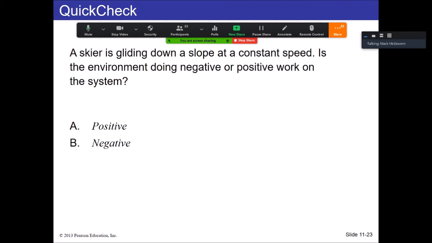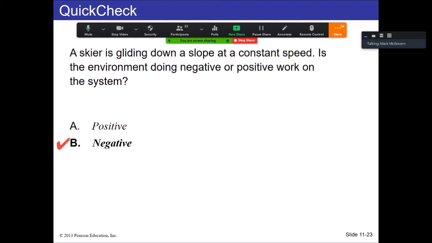Moving right along. A skier is gliding down a slope at a constant speed. Now we're going down the slope. Is the environment doing negative or positive work on the system? By the way, when I say environment here, I'm specifically referring to what the slope is doing. What's the slope doing? Negative work, you bet. Now, this thing moves at a constant speed, so there must be some kind of positive work happening, and that would be gravity.